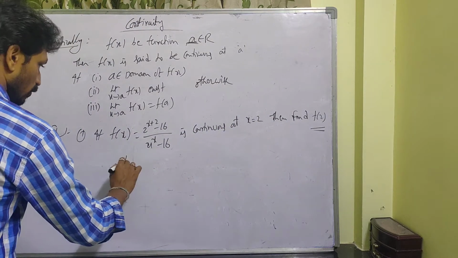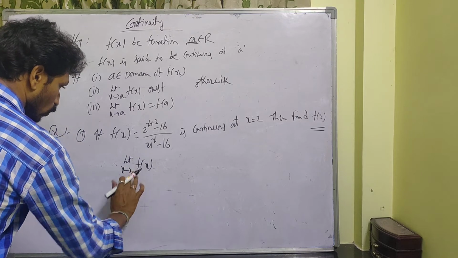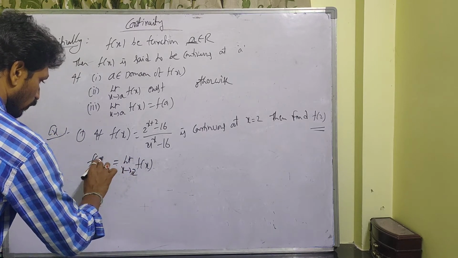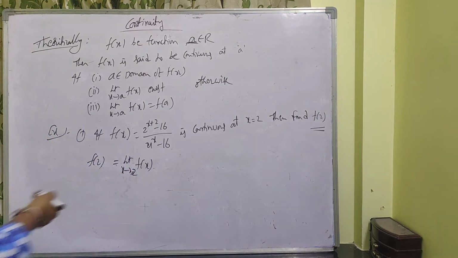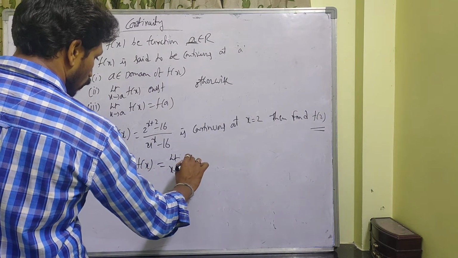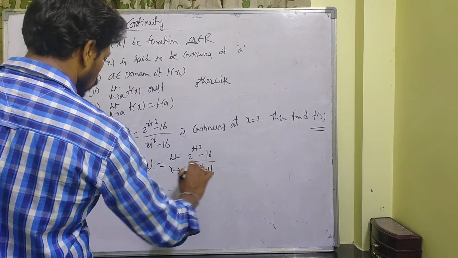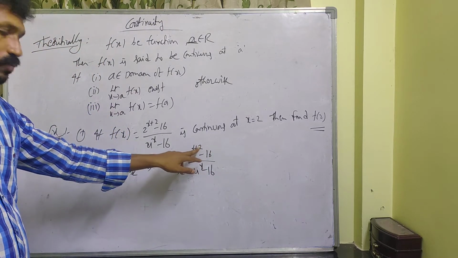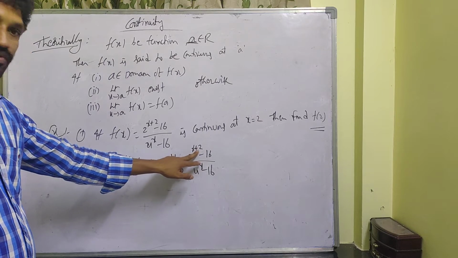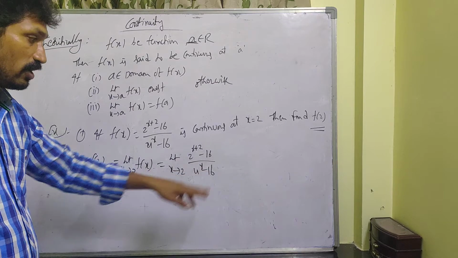Continuous means the limit as x tends to 2 of f of x is equal to f of 2. So the limit as x tends to 2 of (2 power x plus 2 minus 16) by (4 power x minus 16). Substitute 2 here: 2 power 4 is 16, minus 16 is 0; 4 square is 16, minus 16 is 0. So it is in the 0 by 0 form.